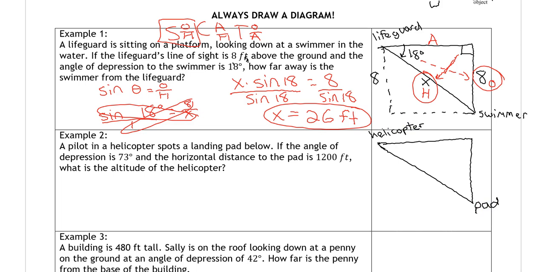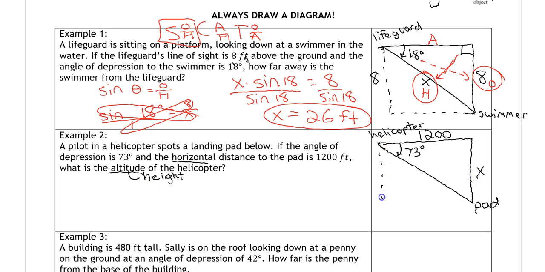The angle of depression is 73 degrees. The horizontal distance, horizontal is going across. What is the altitude? Altitude just means height, so that's your vertical height. That's what I'm looking for.